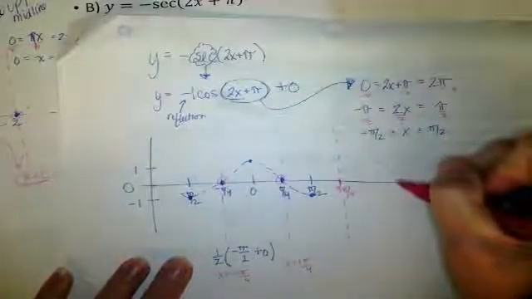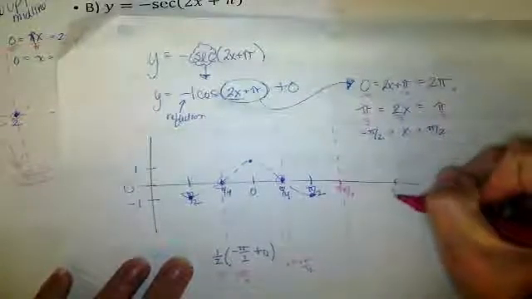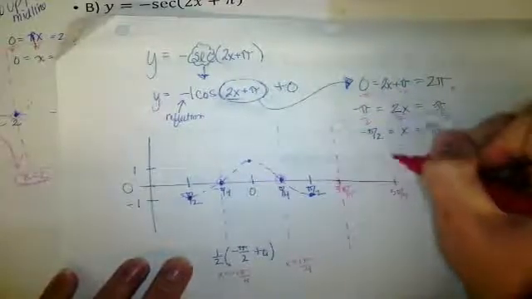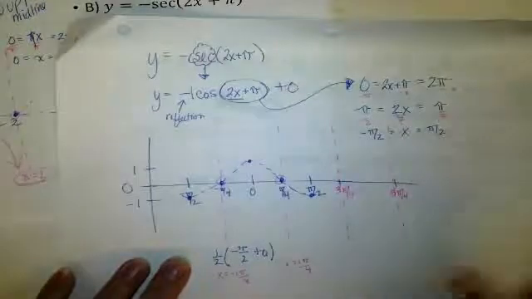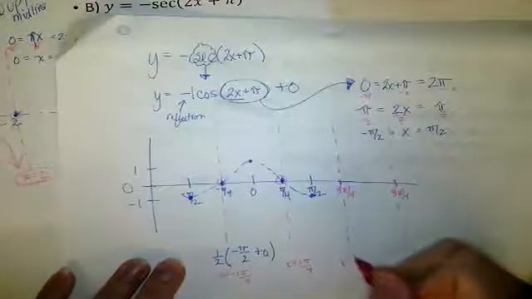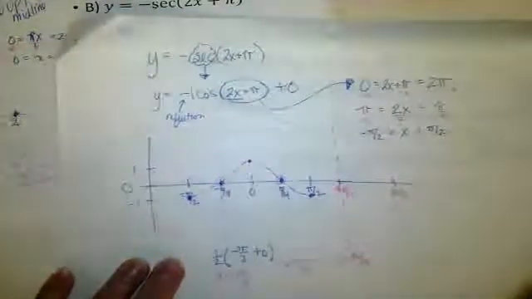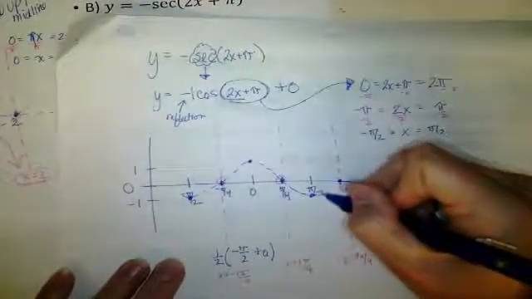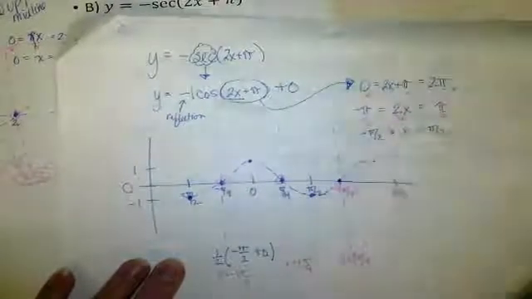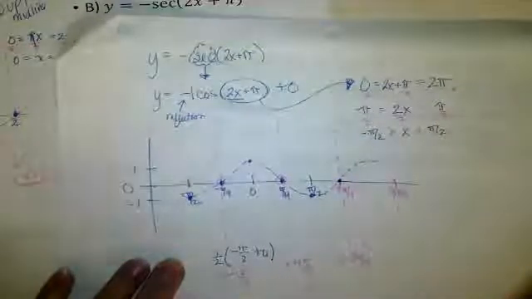Where's another one? 5 pi over 4. So recognizing those kinds of patterns is a good thing to pick up on. The only reason I'm doing this is because I want my curve to be a little bit longer so I can get one full period.